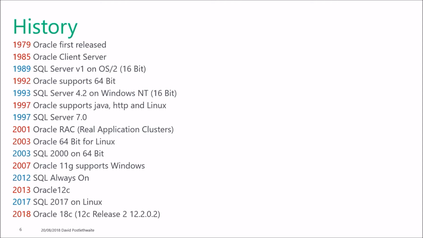I wrote this presentation way back in 2014 when the idea of SQL on Linux was still a standard joke and the cloud was in its infancy. Since then, Microsoft has added SQL 2014, SQL 2016, 2017, and of course SQL Server on Linux. Now Linux is not so alien to SQL people, and containers and the cloud are mainstream.